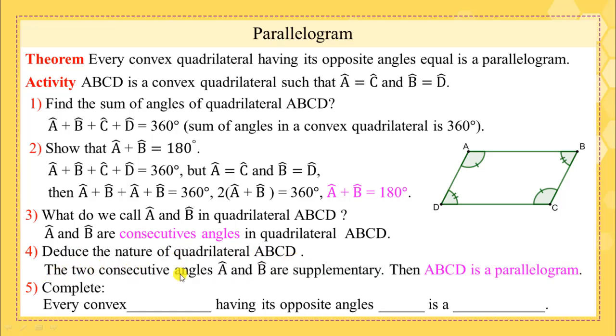The two consecutive angles A and B are supplementary because in Part 2 we proved that A plus B equals 180 degrees. Then ABCD is a parallelogram. Part 5. Complete. Every convex quadrilateral having its opposite angles equal is a parallelogram.